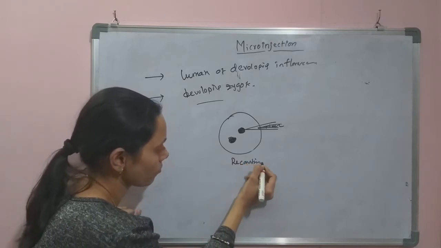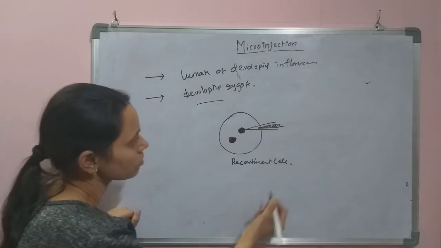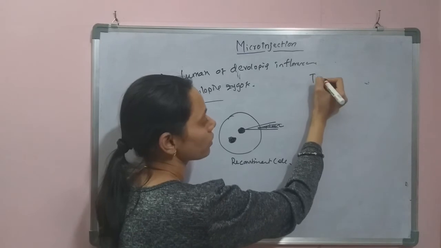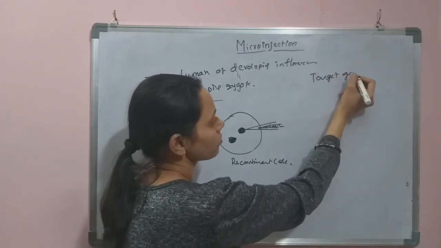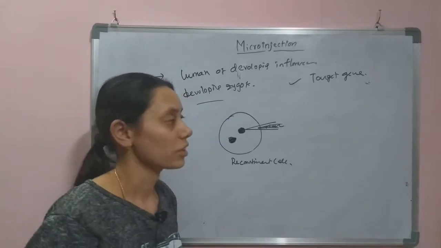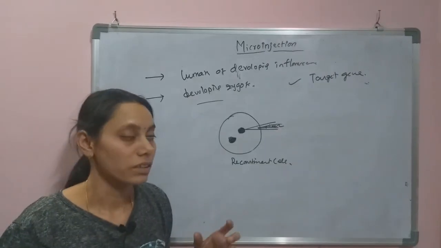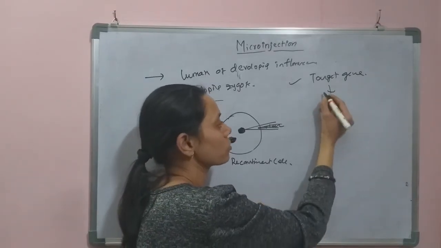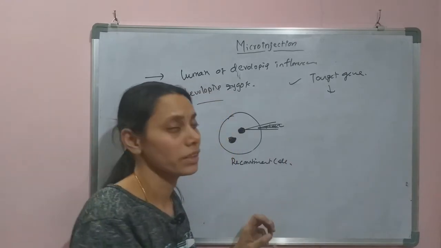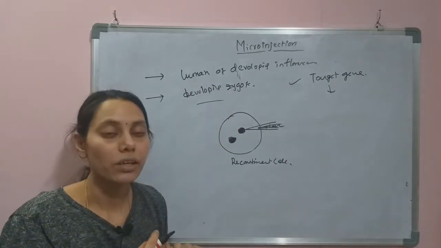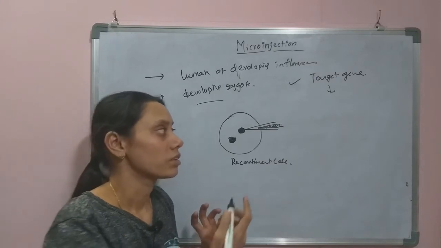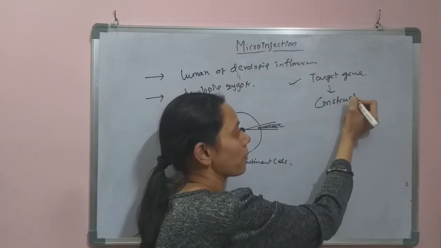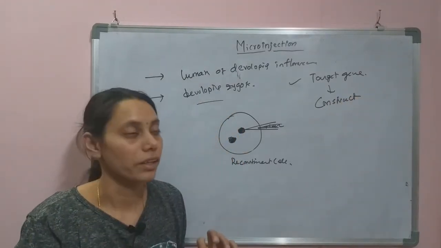So if we understand the whole process, generally we start with a target gene. For our understanding, let us consider a target gene that is going to be introduced by this process. Basically, this target DNA first needs to be converted into a gene construct. That means this gene construct will have, along with the target DNA, the controlling system.